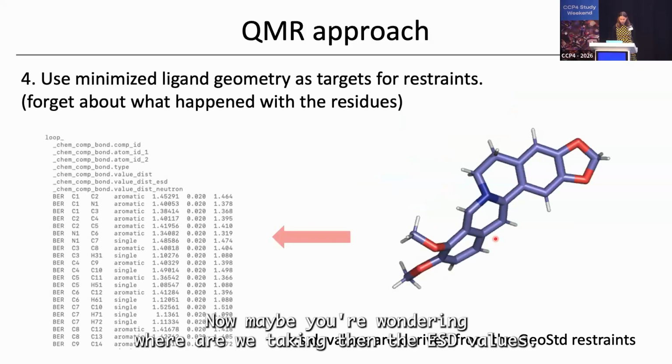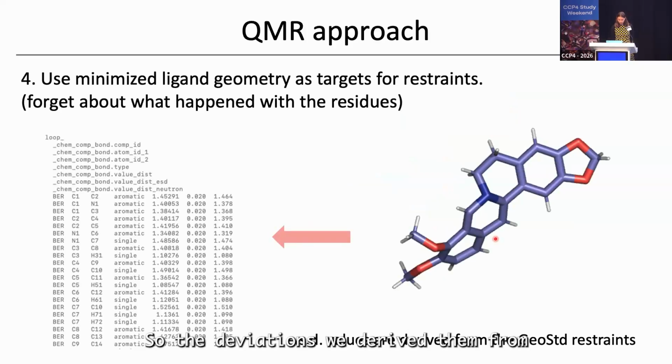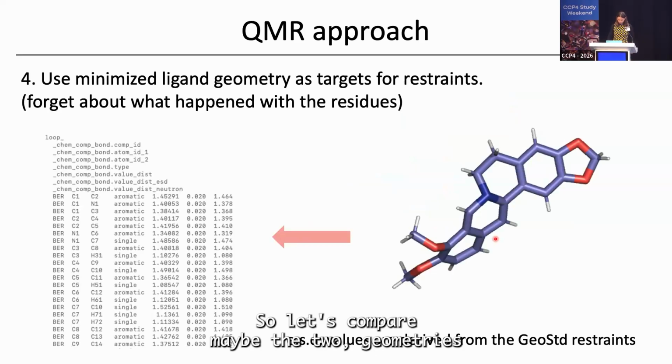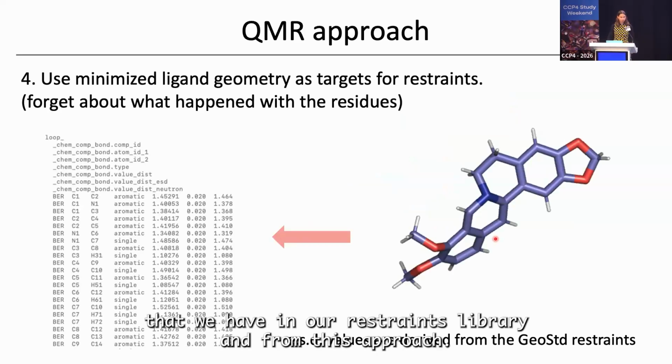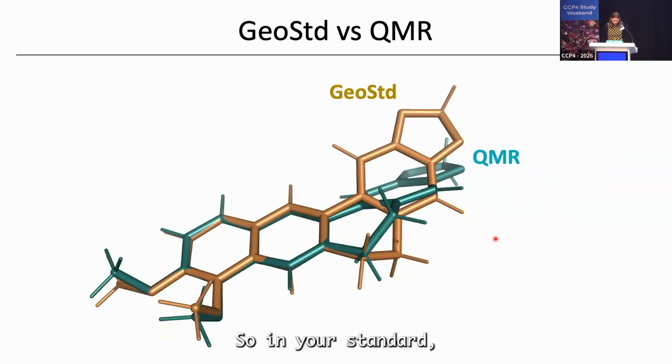Now, maybe you're wondering, where are we taking then the ESD values? So the deviations, we derive them from the original restraints file that we used. So let's compare maybe the two geometries that we have in our restraints library and from this approach. So in GeoStandard the molecule is shown here in gold color, and in teal we have QMR.